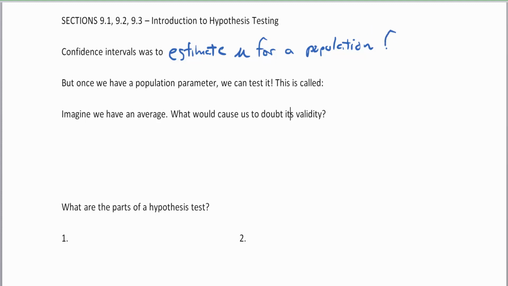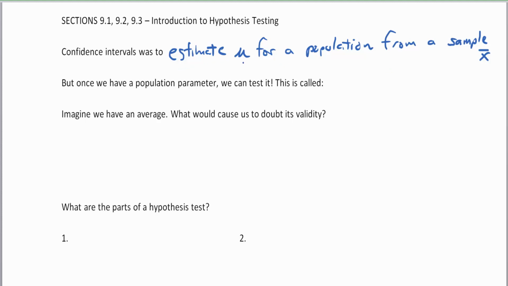Well, we got it from a sample average, and we call that sample average x bar. So that sample average x bar, we then calculated a give and take, also known as the EBM, off of that x bar to give us an interval that we were either 90, 95, or 99% confident that our mu would be in between the low and the high number.